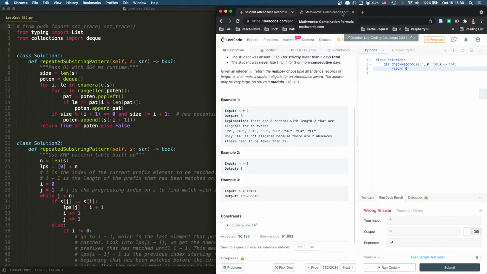If it's A, L and A, and the remaining cannot have A, so we can only have L and P. If we only have L and P, that's actually 4, right? That's 4.